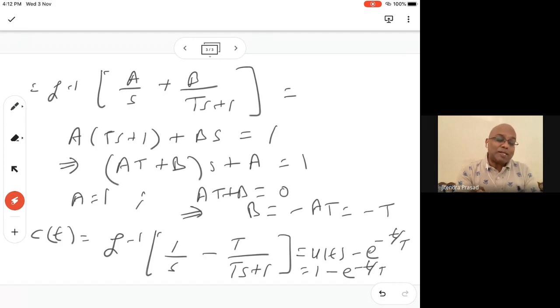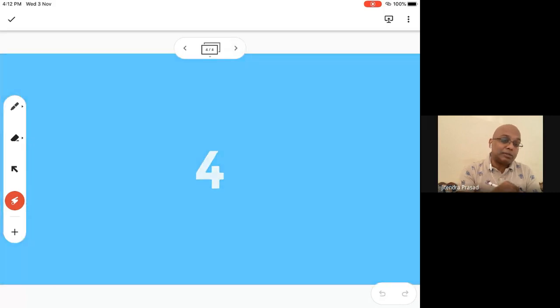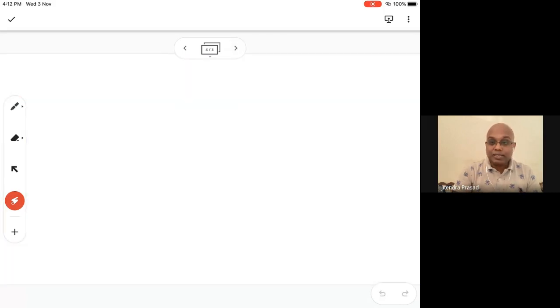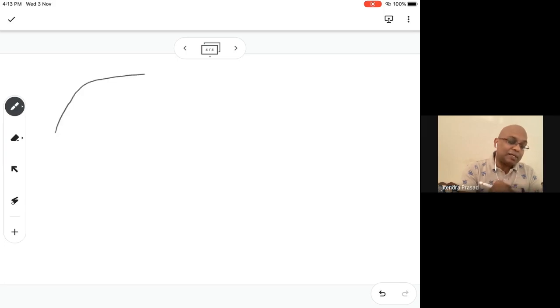So now what it says is that the problem says a thermometer requires 1 minute to indicate 98% of the response. So that means our graph for this goes like this.